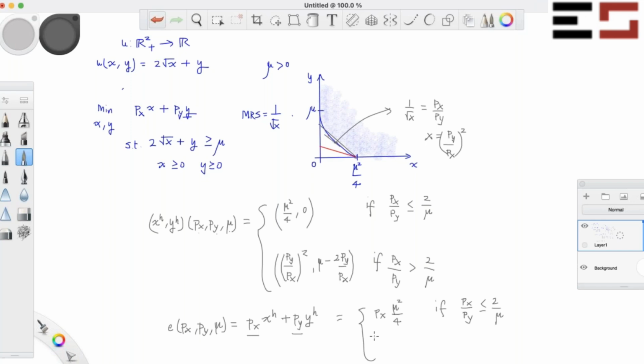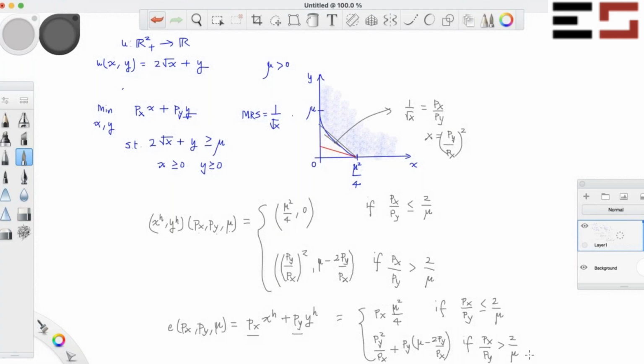And it is py square by px plus py into (mu minus 2 py by px) if px by py is greater than 2 by mu. Okay, so that's how you can write the expenditure. Is this clear? Yes, sir.